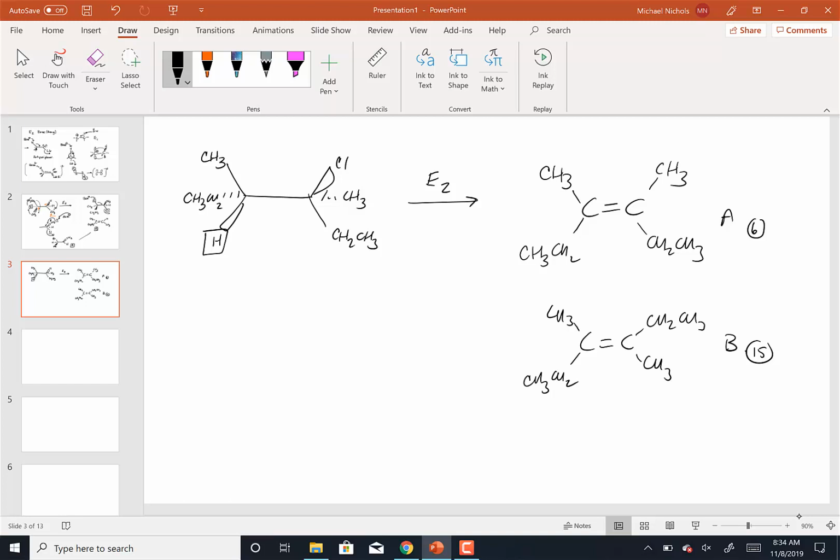Now, the easiest anti-periplanar geometry to see would be to put the chlorine here and put the hydrogen here. There are other anti-periplanar relationships beyond just the one in the plane. For instance, the dashed and bold would be anti-periplanar over here, and the bold and dashed would be another anti-periplanar.